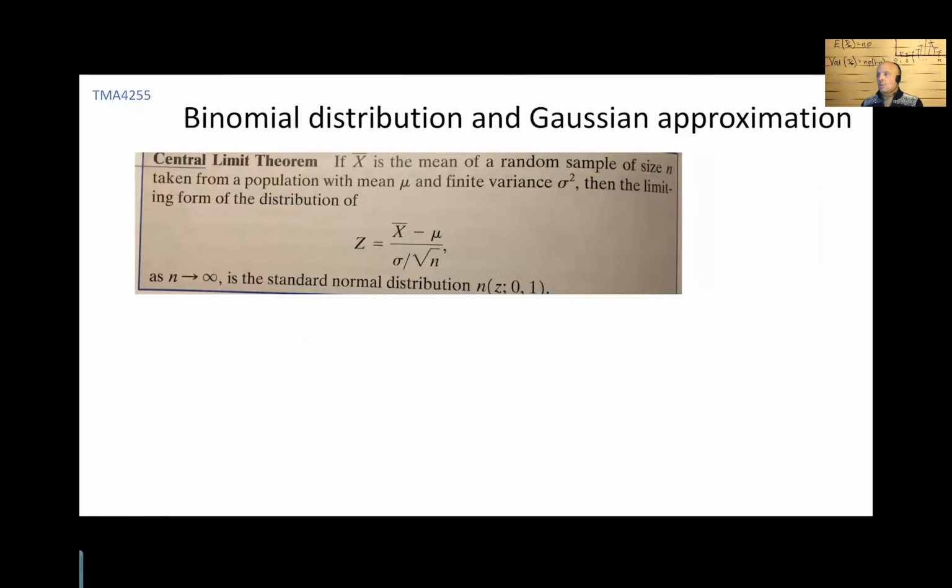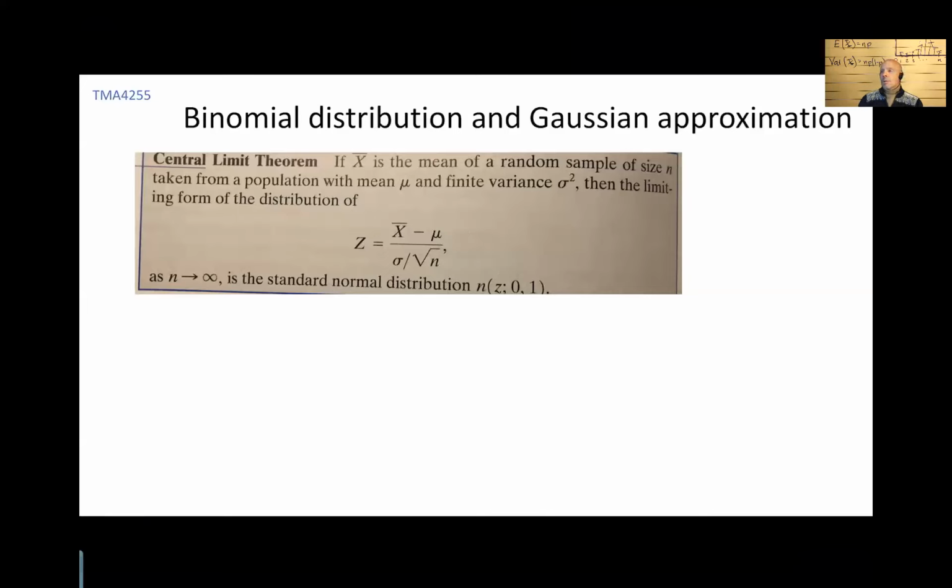So we can use the famous central limit theorem and say that the mean of these trials giving success and failure will converge to a Gaussian distribution. And then the only thing you need is the mean of the samples and the variance of the samples.